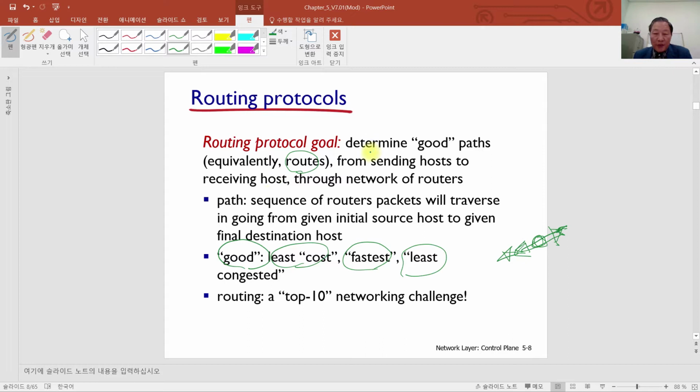Okay, let's follow this one. From the sending host to the receiving host through a network of routers, we determine this good path. That is the routing protocol's goal. Here, a path means a sequence of routers. In our computer networking infrastructure, we use many routers that packets will traverse in going from a given initial source host to a given final destination host.